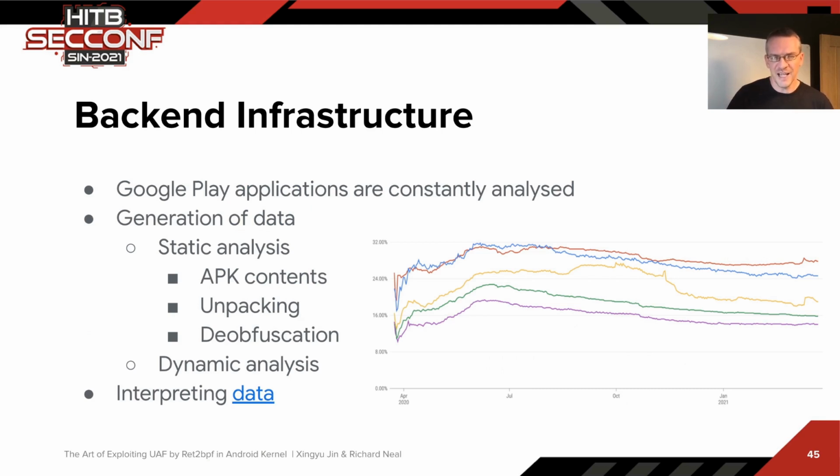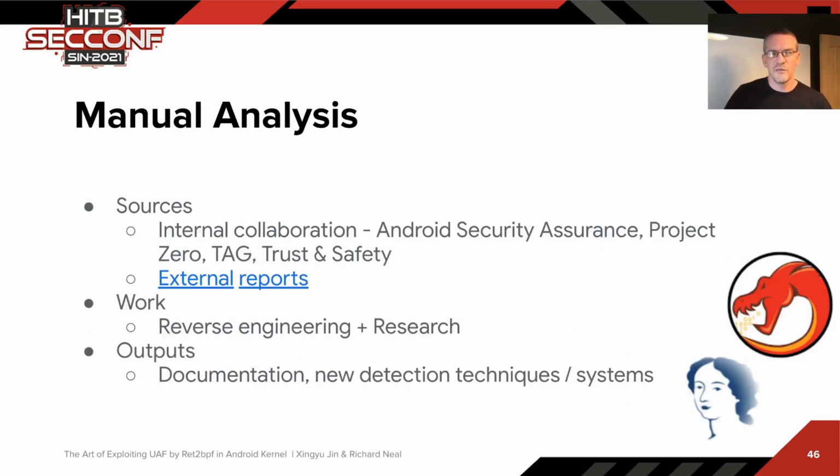Having just said that manual analysis doesn't scale well, it is still an important part of detecting malicious software. We work with a number of other internal teams, from getting initial leads and performing investigations, through to research, enforcement, and education. External researchers submit information about malicious applications or vulnerabilities. These will be investigated and the appropriate action taken.